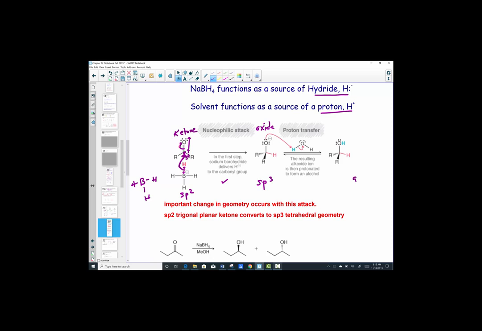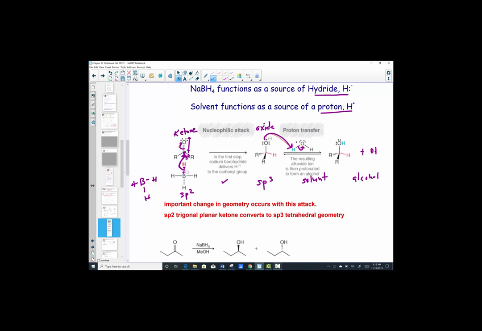Remember, our goal is to turn it into an alcohol, so we need to protonate that negative oxygen. And that's what the function of the solvent does. The solvent must contain the proton so that when the oxygen reaches out for the proton on the solvent, we notice that that proton then transfers and this bond collapses onto the oxygen.